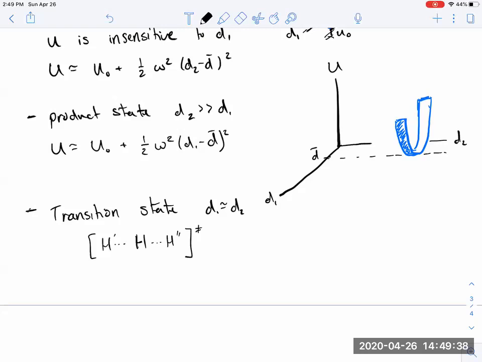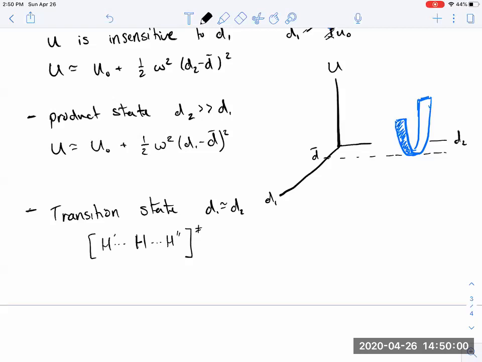And because both of those bonds are stretched, the energy is going to be higher in that region. And we'd imagine that the potential surface depends on both of those in some complicated way, right? We can't say that D1 is going to change independently of D2 anymore.